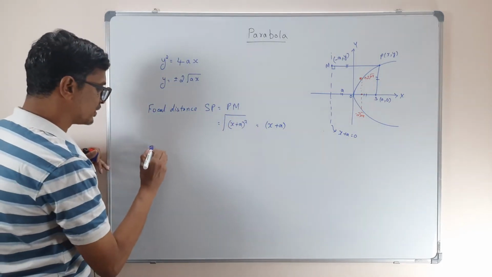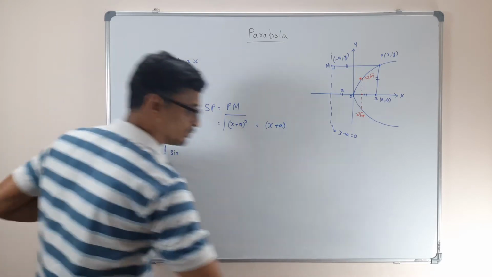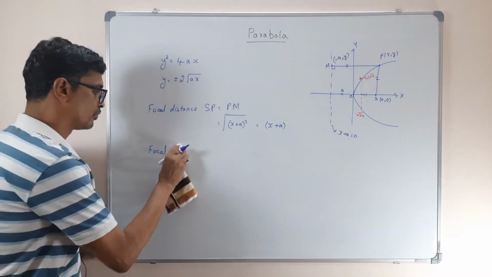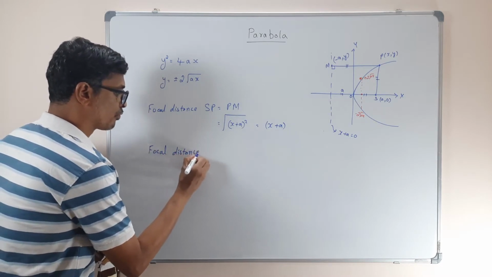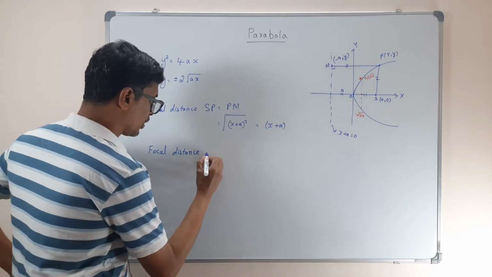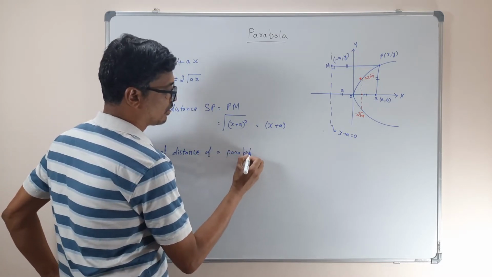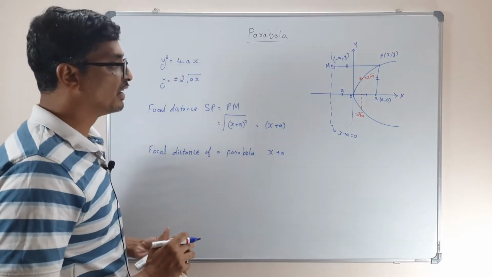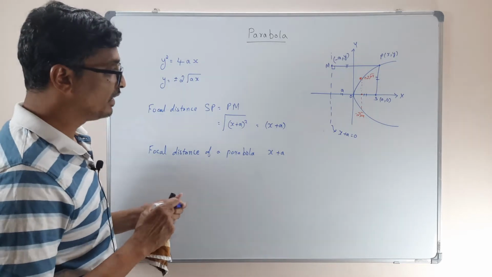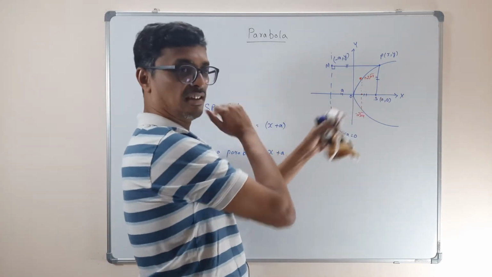The focal distance of a parabola is x plus a. Now, can you tell me what will be the focal distance for the left-handed one?